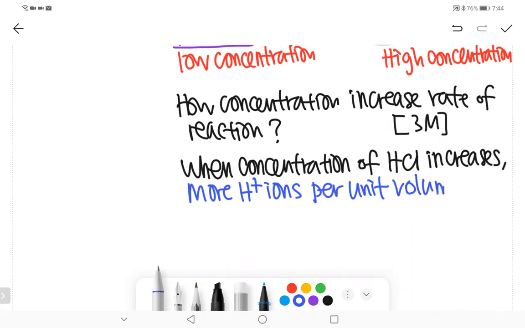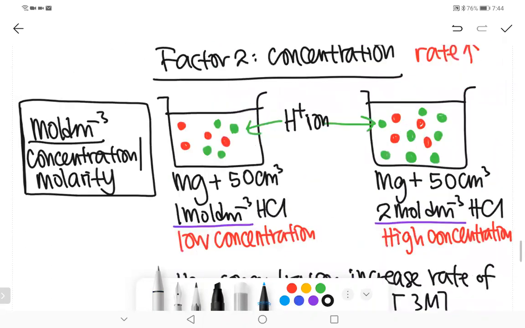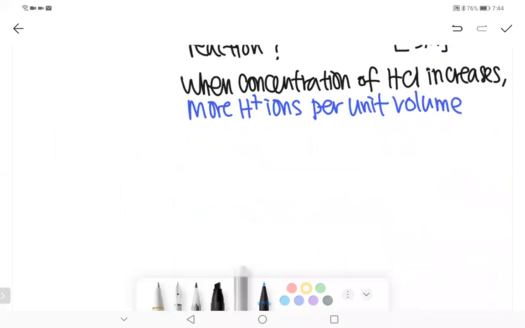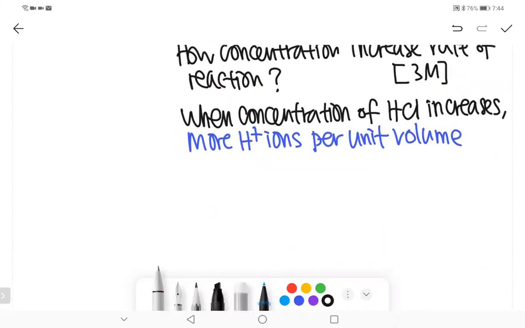It means in the same volume, because they didn't change the volume, we have more and more H plus. That is called more H plus ion per unit volume.